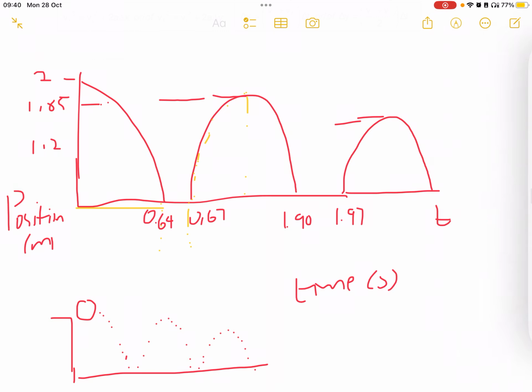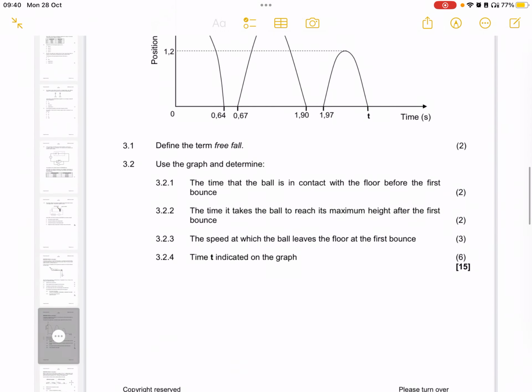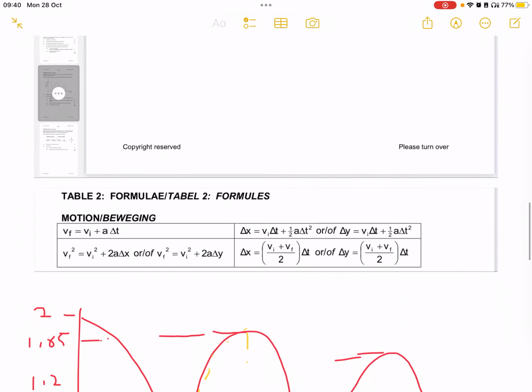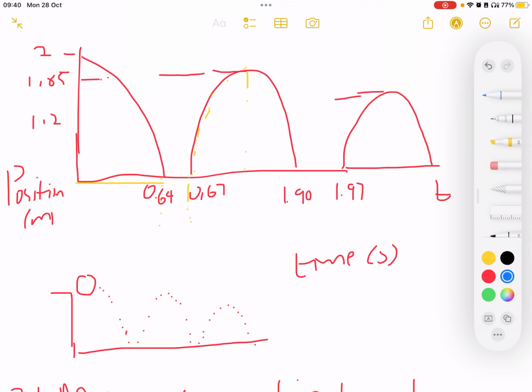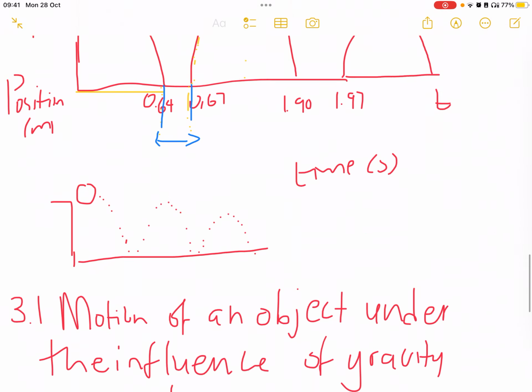So if we go back to the question, it says the time that the ball is in contact with the floor. So basically, they want the time in between here, from when it hit the ground to when it left the ground. So easily you can just look at the time when it left the floor and the time when it hit the floor, and then you get your calculations.